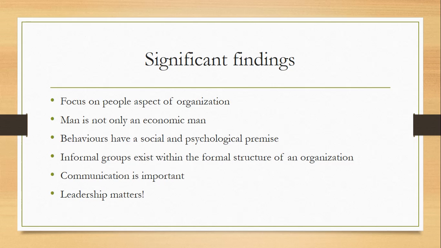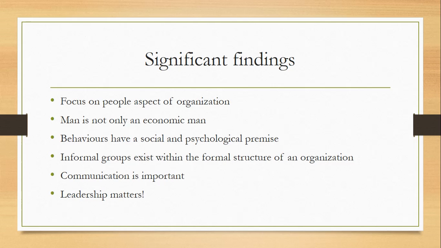And similarly, it was also seen that behaviors of people have a social and psychological premise. You cannot always see that people are coldly calculating the benefits or the returns, or that they are always making rational choices.